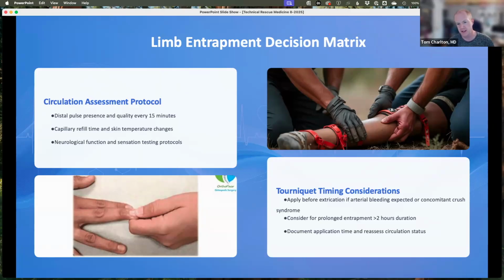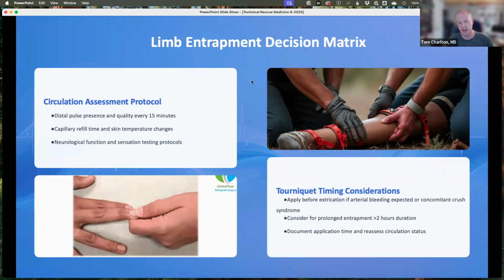We definitely need to have it in place for anything over 2 hours duration, but really most people are now beginning to recommend, given the safety profile of tourniquets, that for anything over 60 minutes we probably ought to be putting a tourniquet on this person so that we can, in a more controlled environment, begin to release that blood flow. Instead of allowing a massive influx of potassium all at once, we allow a small amount over a prolonged period of time.